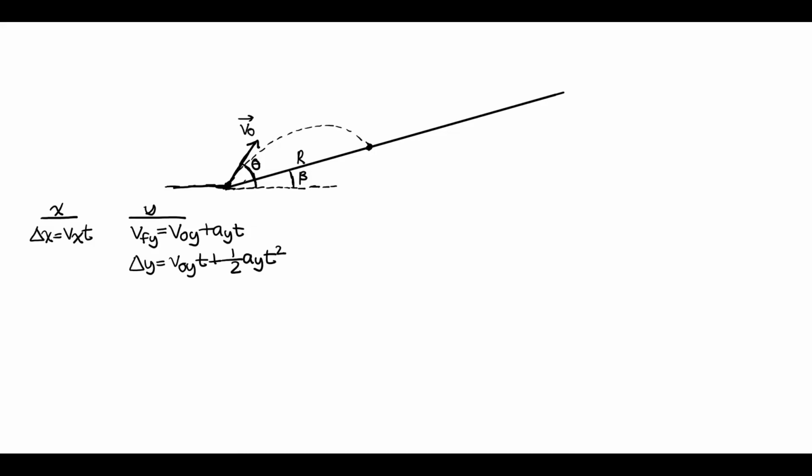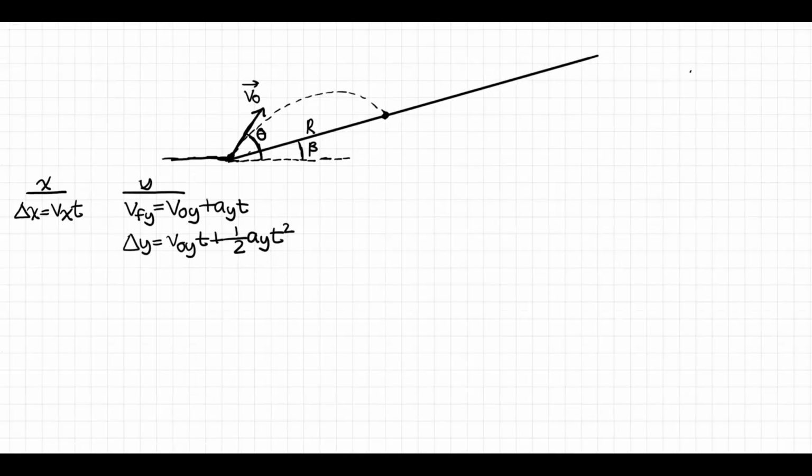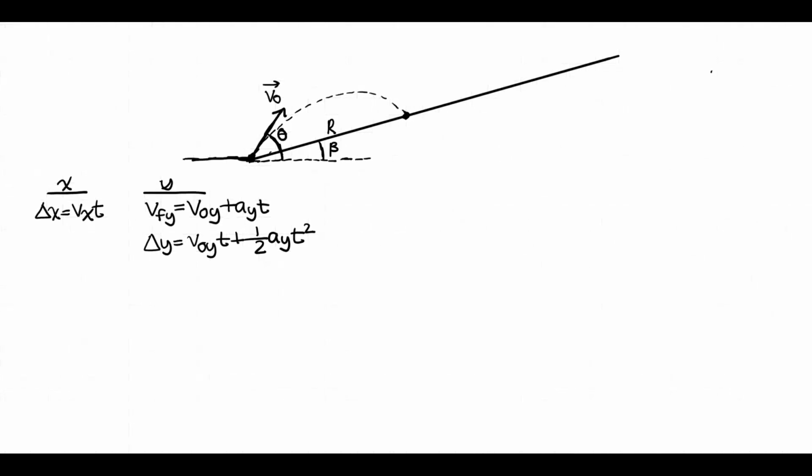Okay, so if I were to have our initial velocity vector, v0, and angle theta, v0x will just be v0 cosine theta, and v0y will just be v0 sine theta.